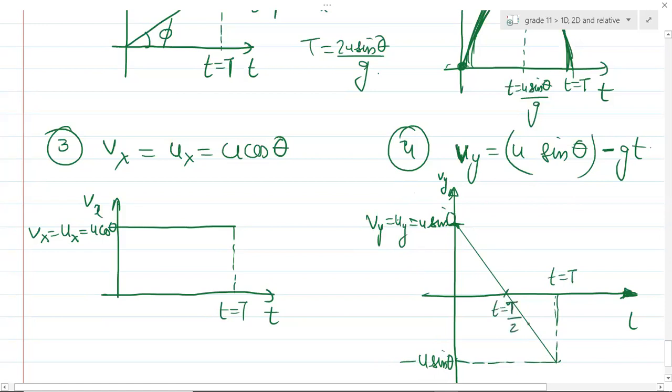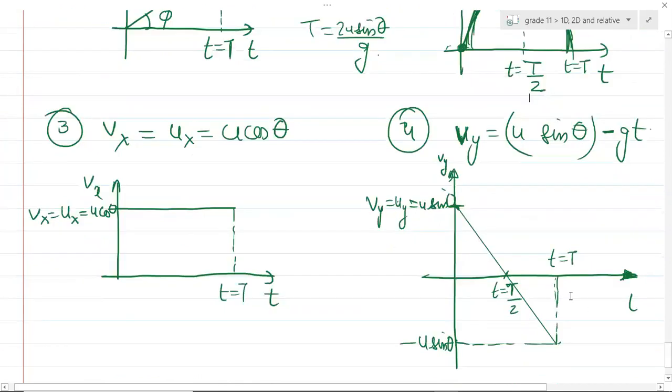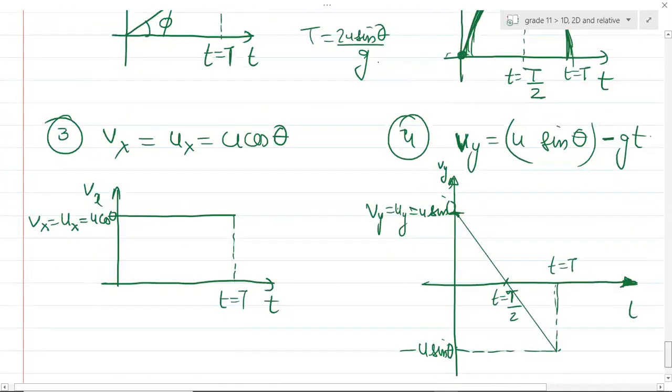Is it fine if I don't write the whole u sine theta by g? Guys, is it fine if I write this as T by 2? Can I write it as half the time of flight? Yeah, it'll take exactly that.